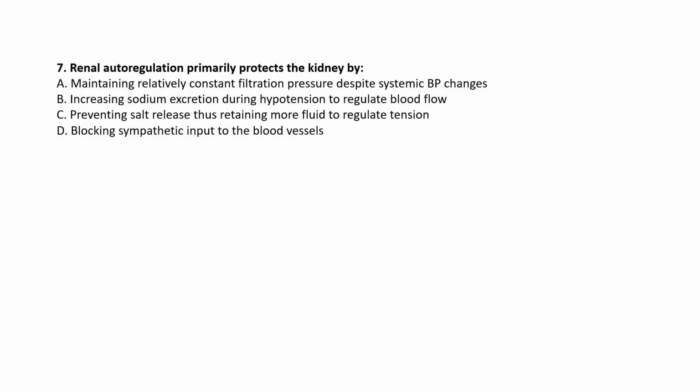But your kidney relatively filters at a constant rate unless someone has some disease, right? So this is how renal autoregulation is the mechanism by which the kidney manages to retain and regulate filtration pressure at a constant level despite any other changes.